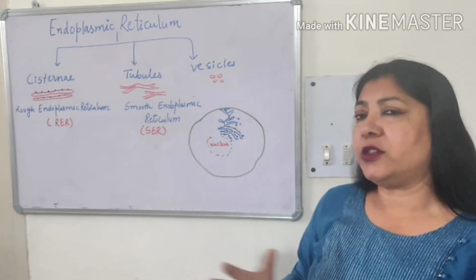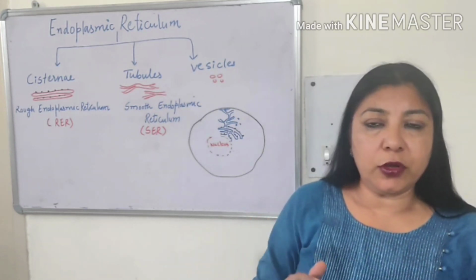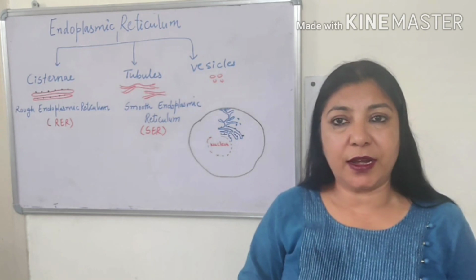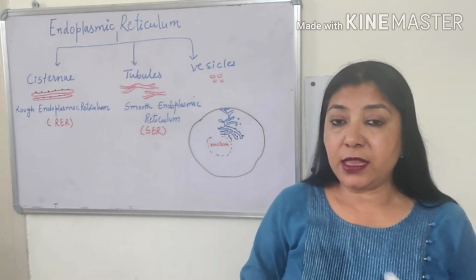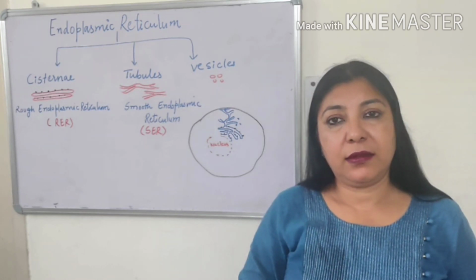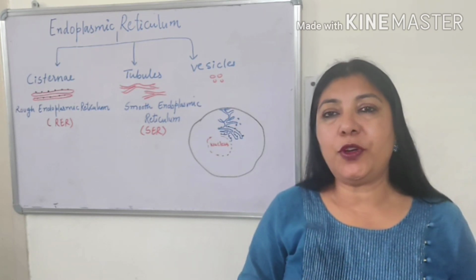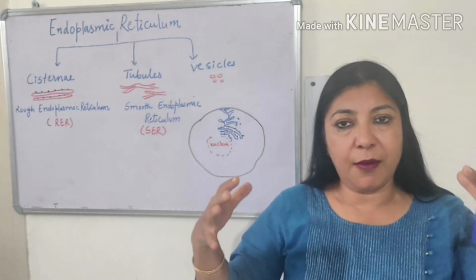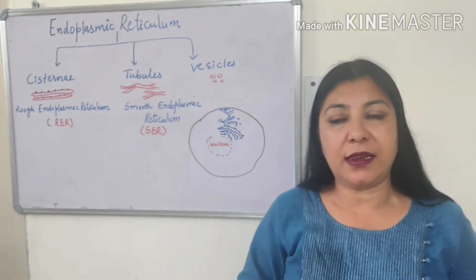So there are certain functions which are common to both rough endoplasmic reticulum and smooth endoplasmic reticulum. First is they will form the network throughout the cell. So they are acting as transportation system. They are responsible for providing a particular shape to the cell.